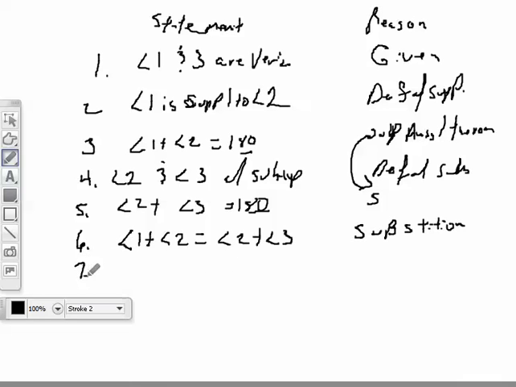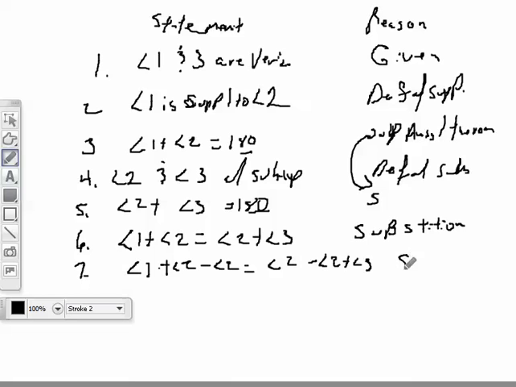And now guess what I'm going to do? I'm going to subtract angle 2 from both sides. And I'm going to say that angle 1 plus angle 2 minus angle 2 is going to be equal to angle 2 minus angle 2 plus angle 3.